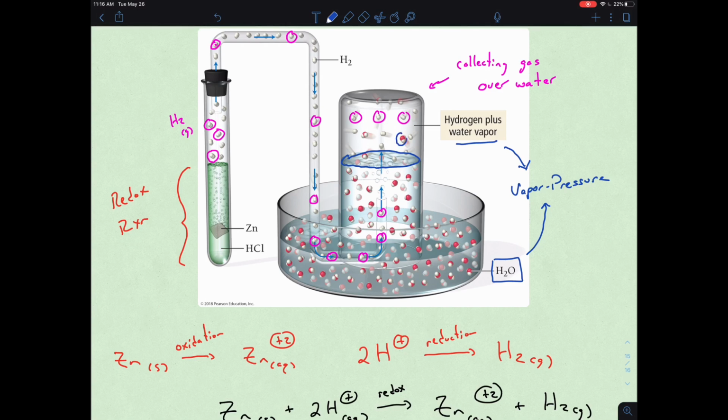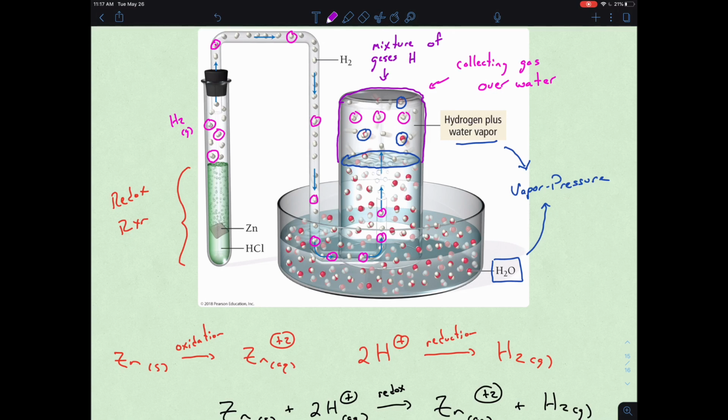And so we can see that in terms of we have H2O molecules in this area, as well as having our hydrogen molecules as well. So in this container that we have for this top portion, we have here a mixture of gases.